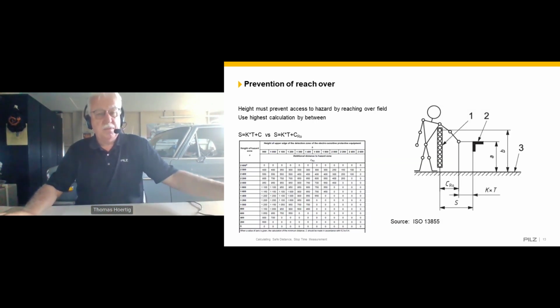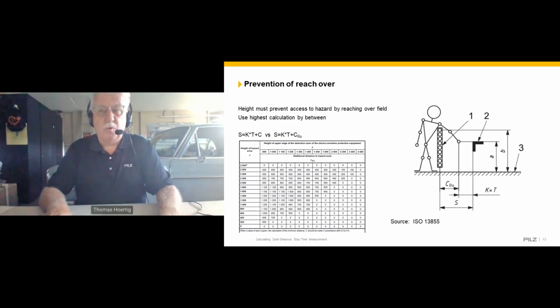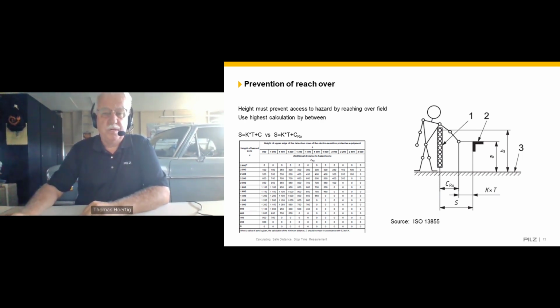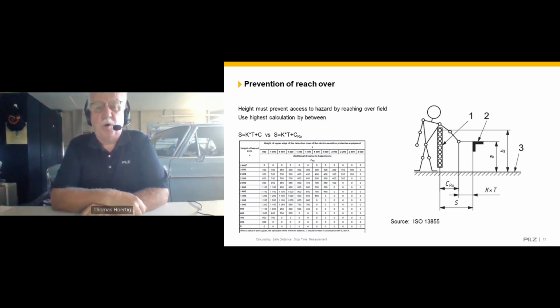Not only do we need to look at distance, but in some cases we may even need to be further away, because there might be a chance for a person to reach over our presence sensing device and possibly reach the closest hazard point of the machine. So if we have a fairly short light curtain, there might be a chance that you can reach over.